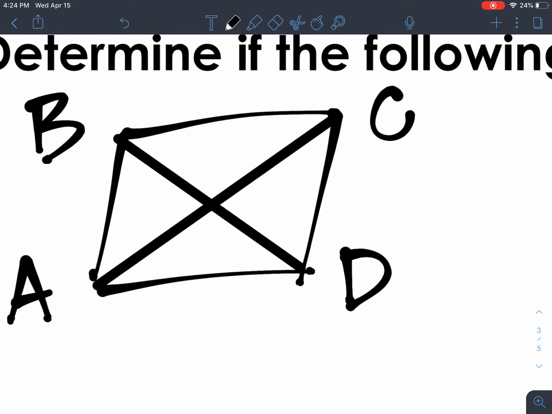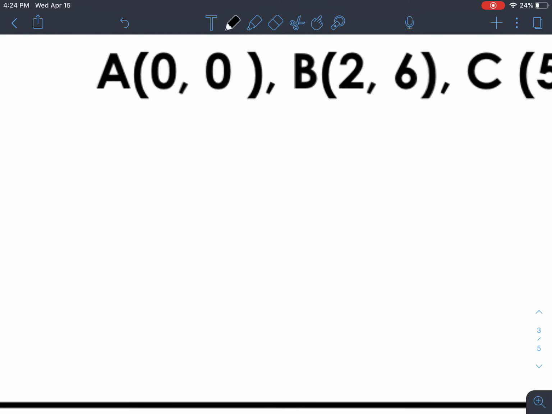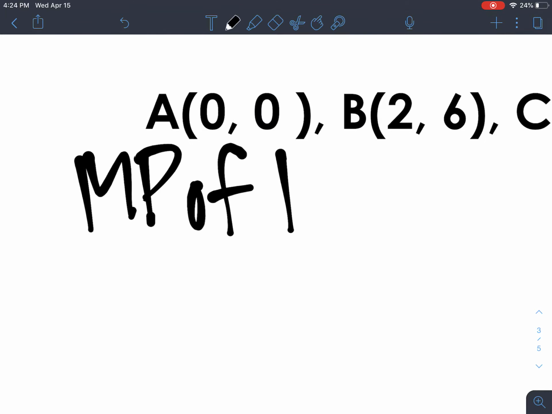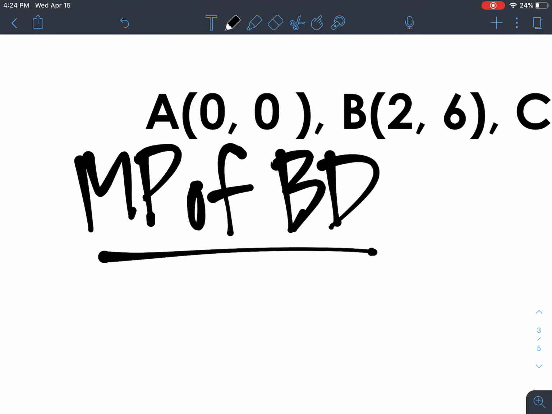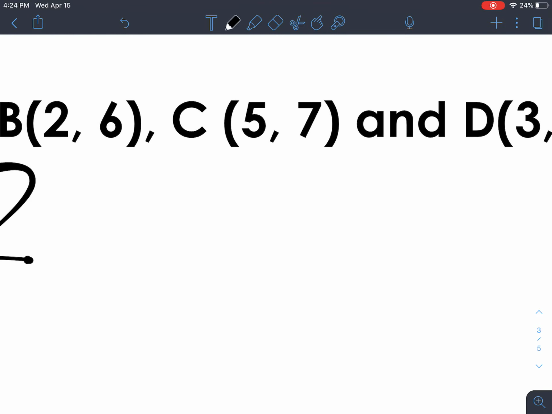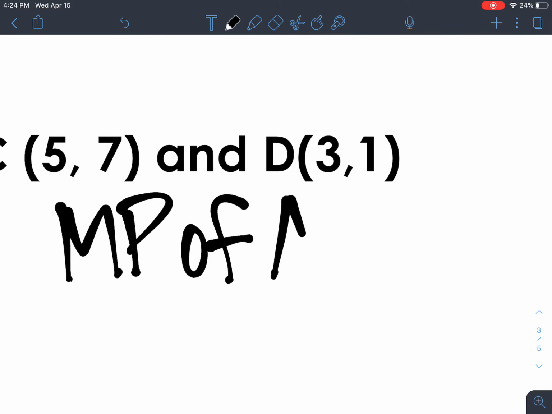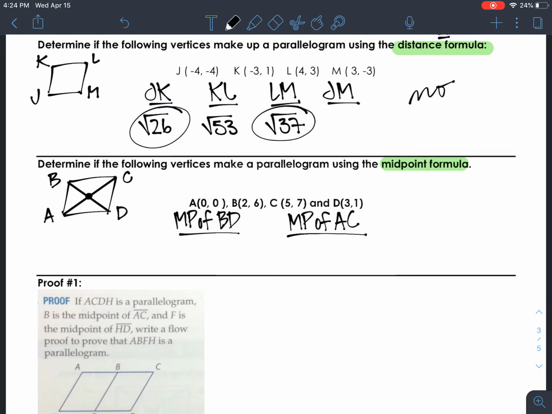If it's a parallelogram, then the midpoint has to be the same for AC and BD. So I'm going to find the midpoint of BD, and then the midpoint of AC. If they match, then it's a parallelogram. If they don't match, then it's not a parallelogram.